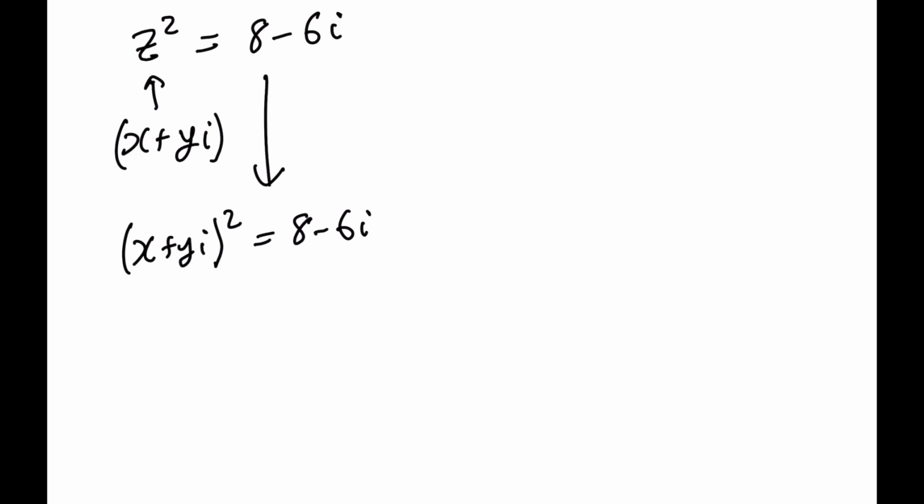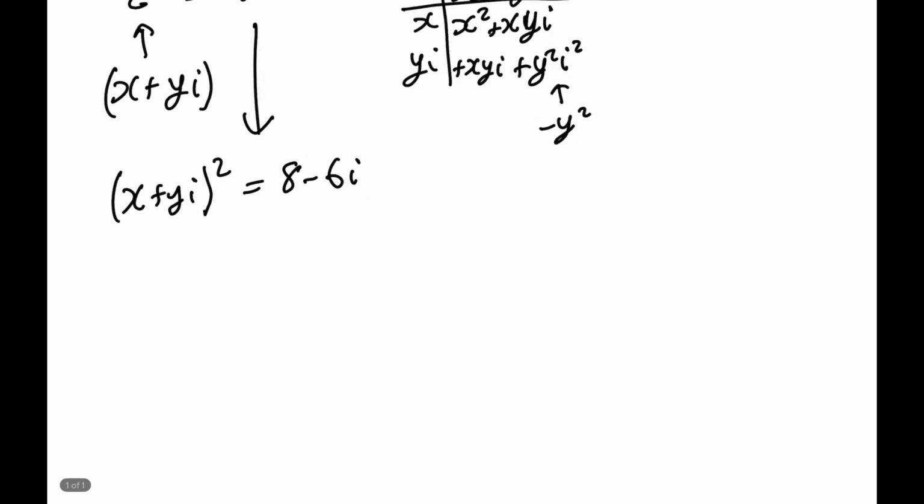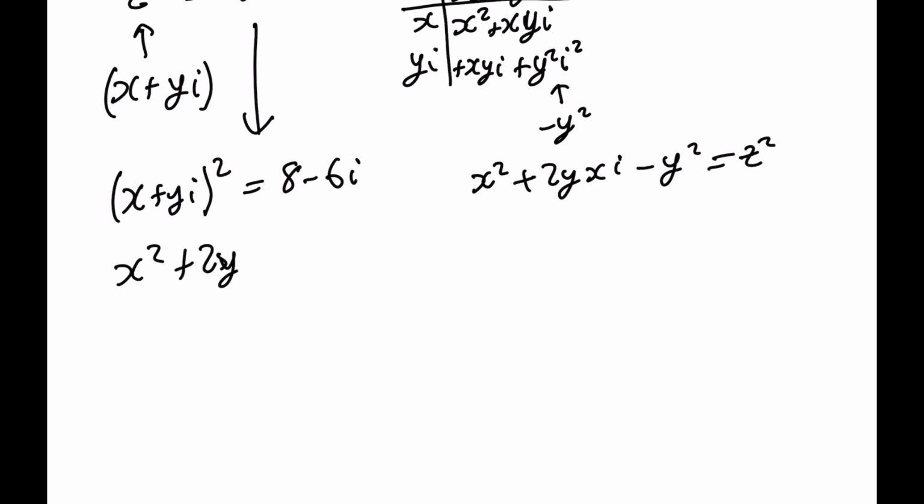And we can expand out the square, and we're going to get x squared plus 2yxi minus y squared. And this is our value for z squared, so x squared plus 2yxi minus y squared is equal to 8 minus 6i.